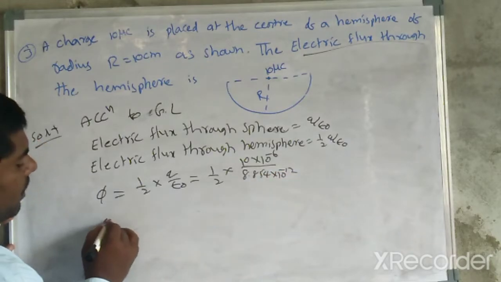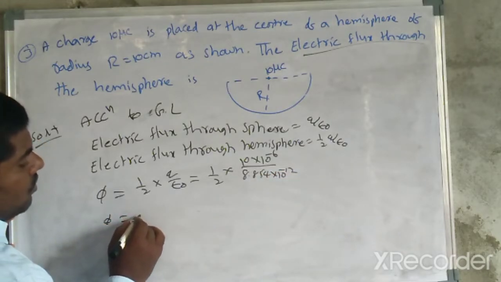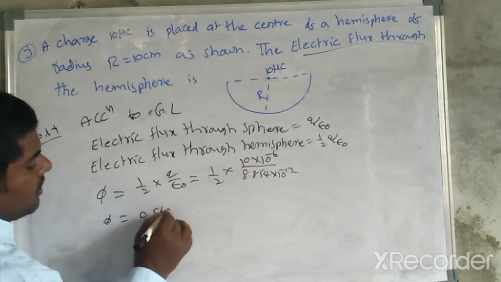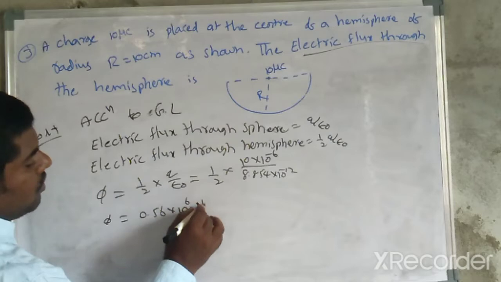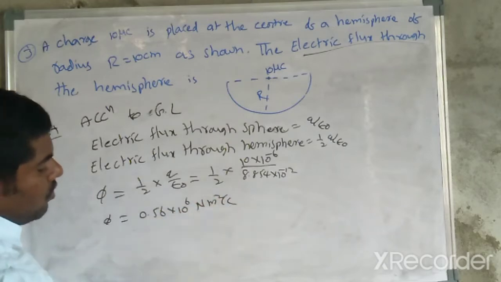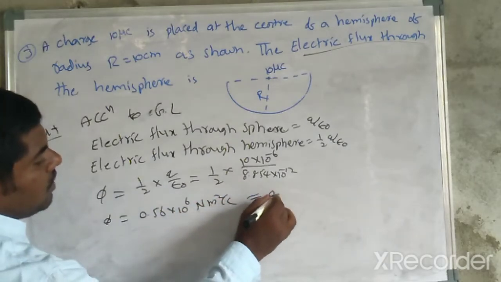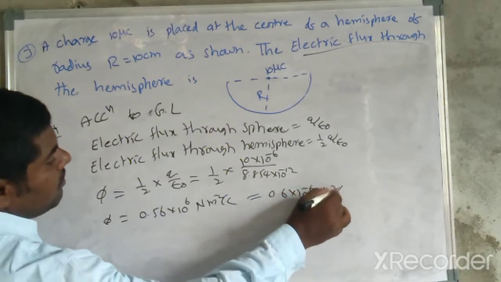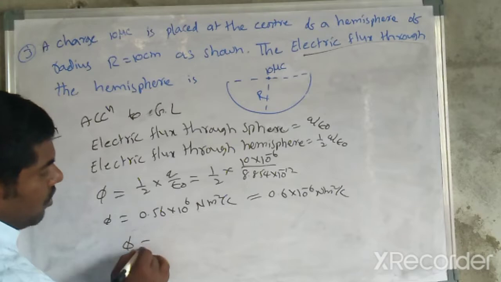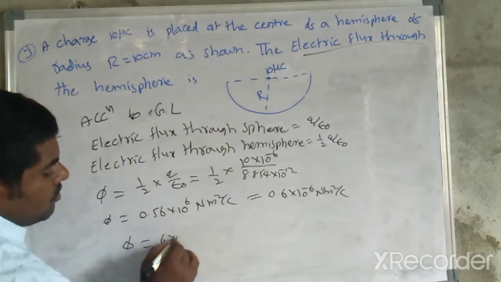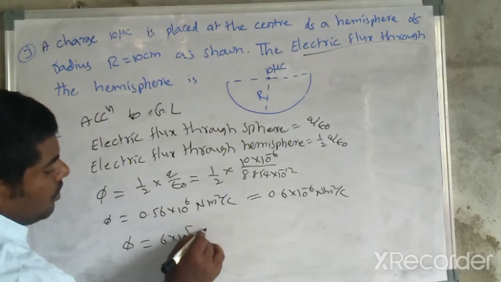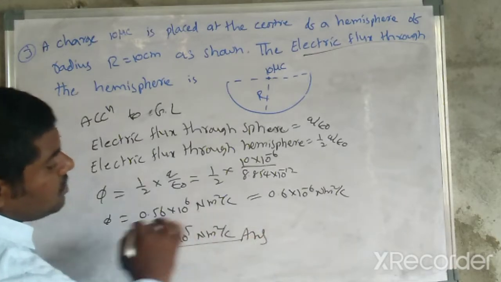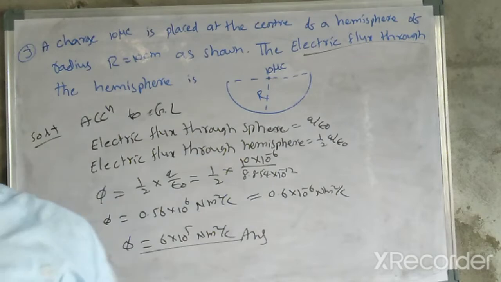After simplification we get 0.56 into 10 to the power 6 Newton meter square per Coulomb, approximately 6 into 10 to the power of 5 Newton meter square per Coulomb. This is the answer to the question.